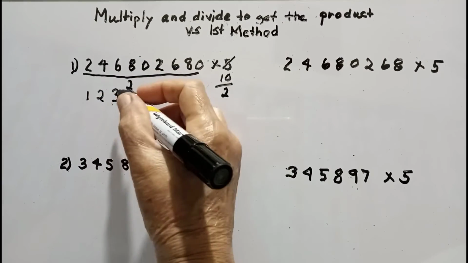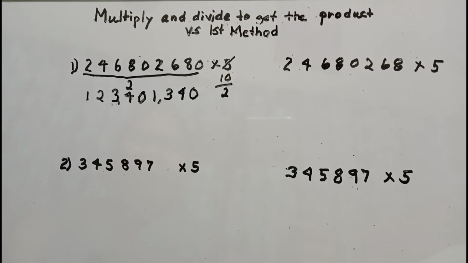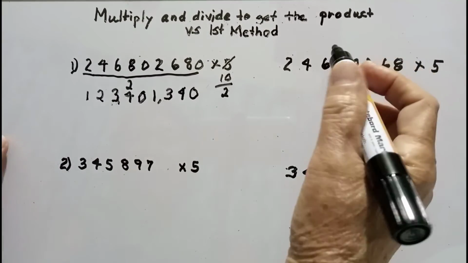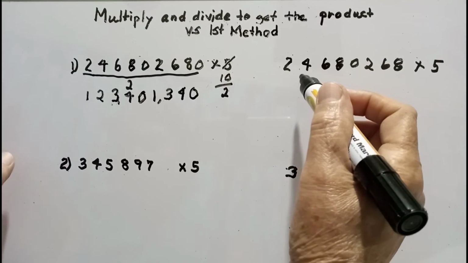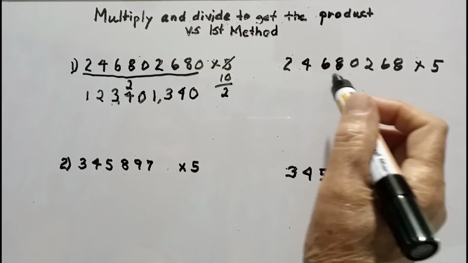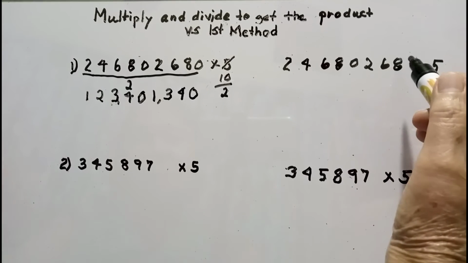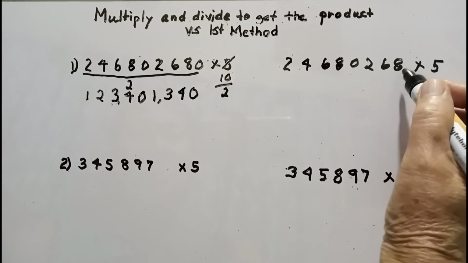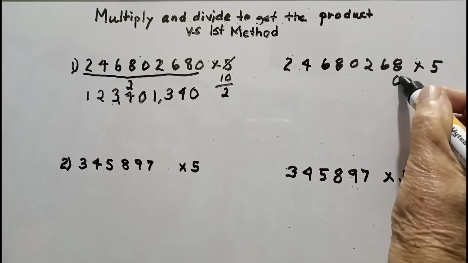So this is the second method, multiply and divide to get the product. Now, what about the first method? We'll compare. Remember, when it's even, take half of the neighbor. Okay. So, this is 8. It has no neighbor, so just write 0.